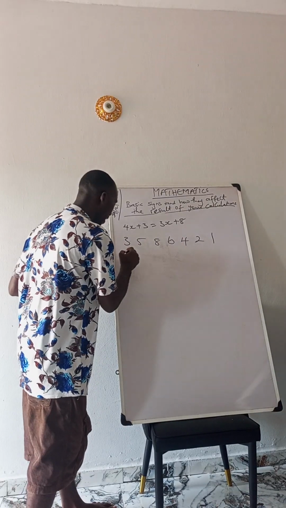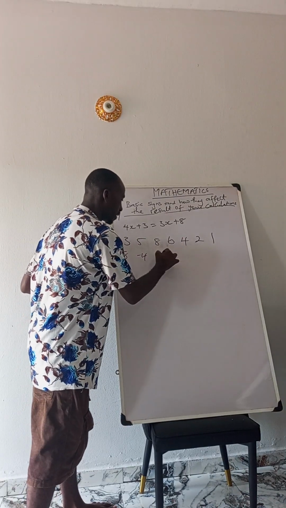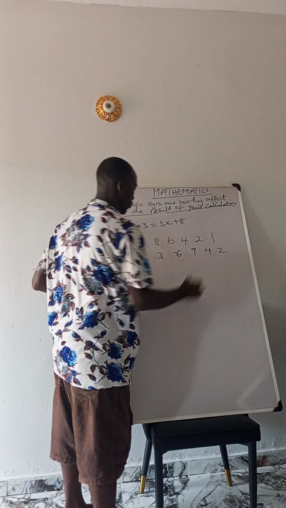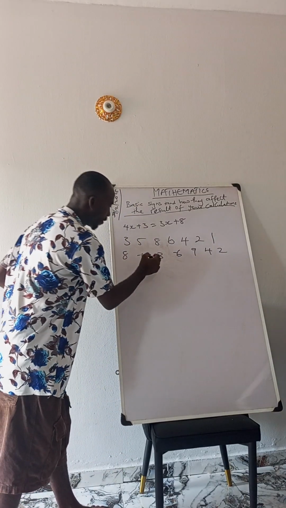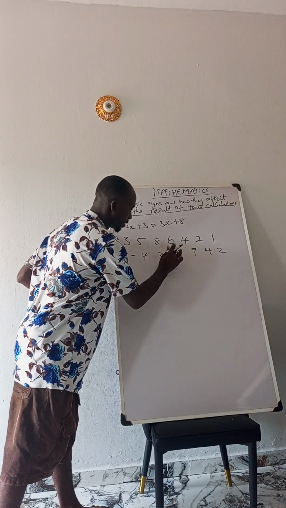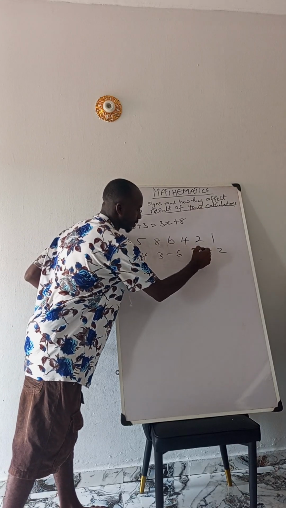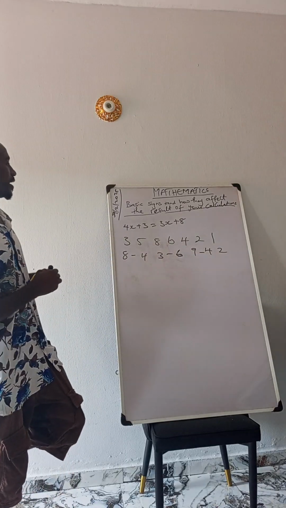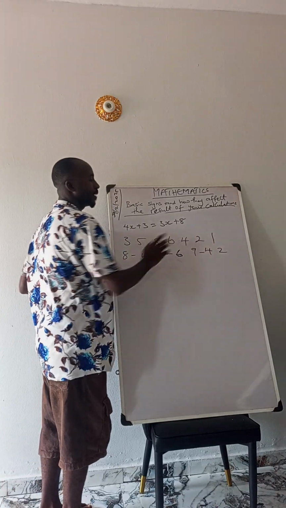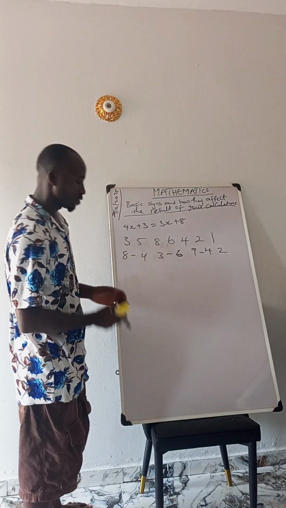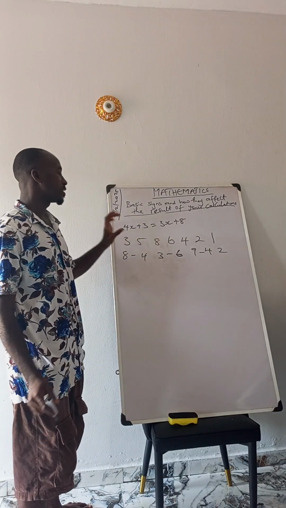Now, for example, if I have 8 minus 4, 3, 9, 4, 2. Now, these negative signs here, like I said, any number that stands on its own is a positive number.